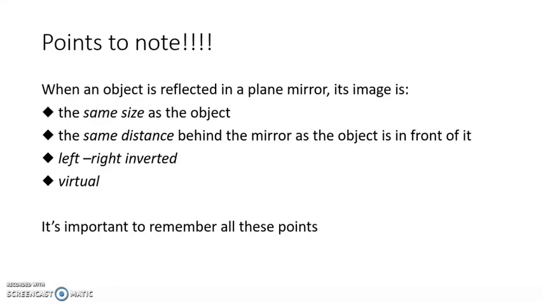They appear as though they are coming from the image. So we use the term virtual to show that these light rays do not come from the image, okay? Right, so it's important to remember all these points and to also understand what they mean.